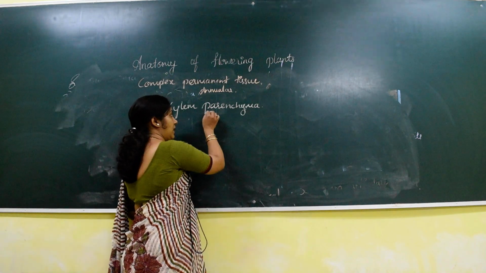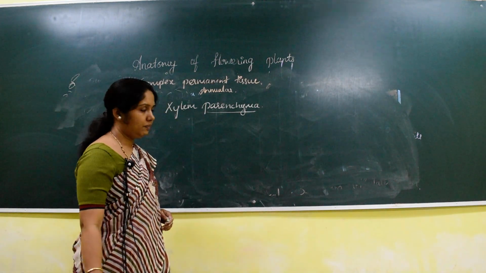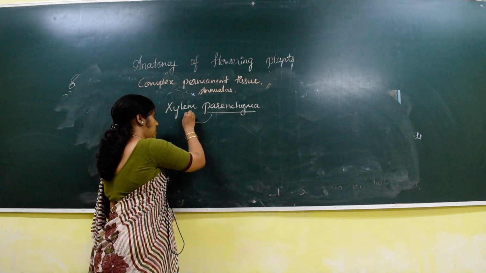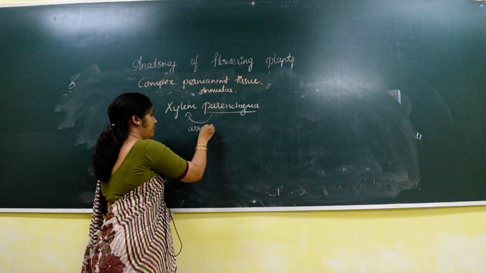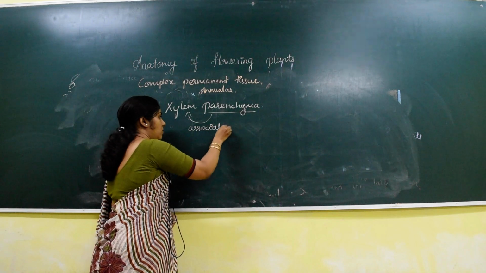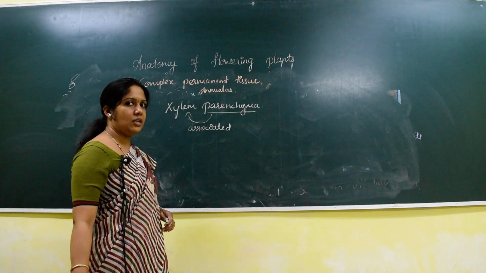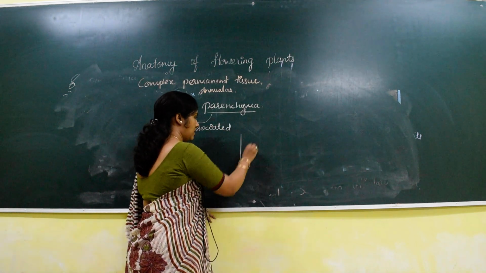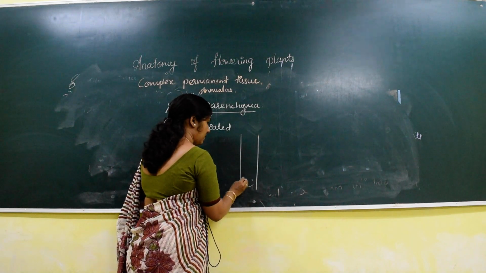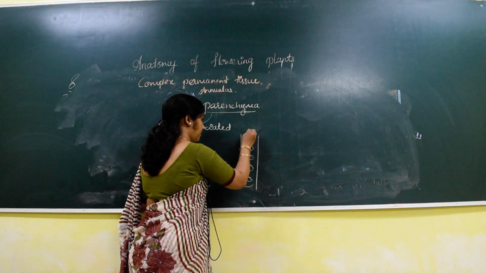As the name itself indicates, it is the parenchyma tissue associated with the xylem. Now let us consider this as a xylem vessel. Let us consider the spiral type is there.